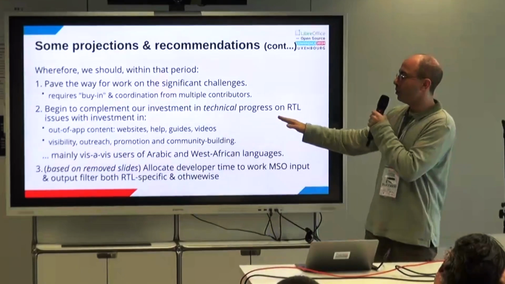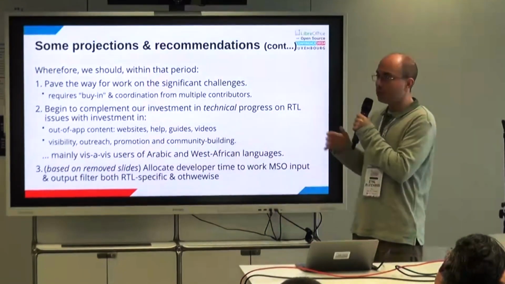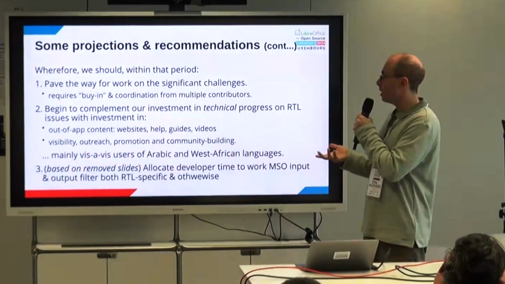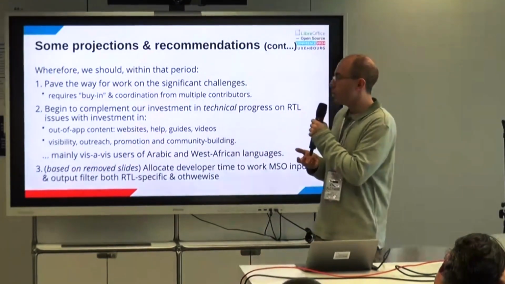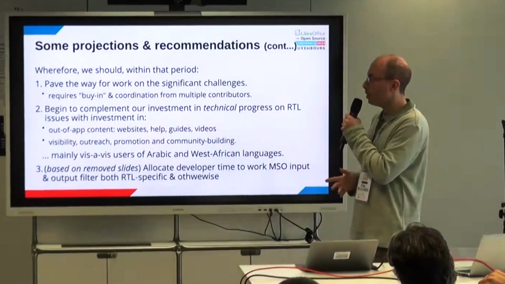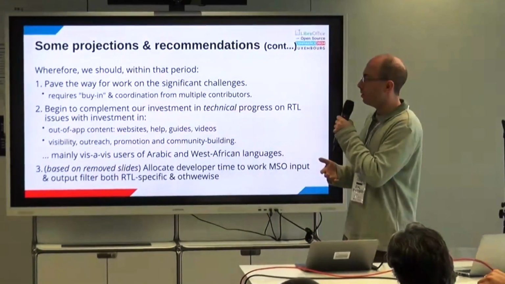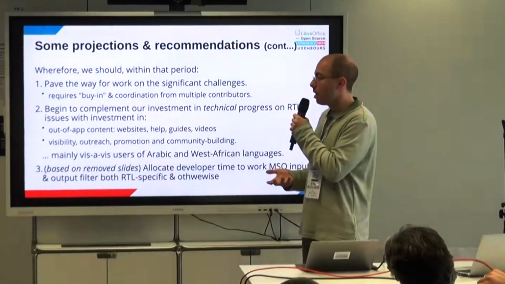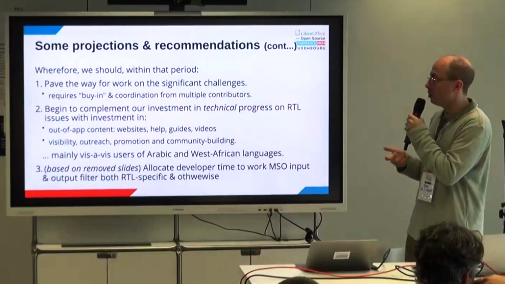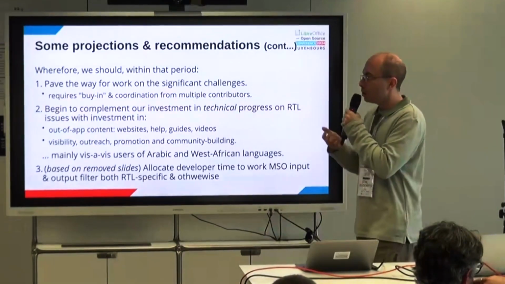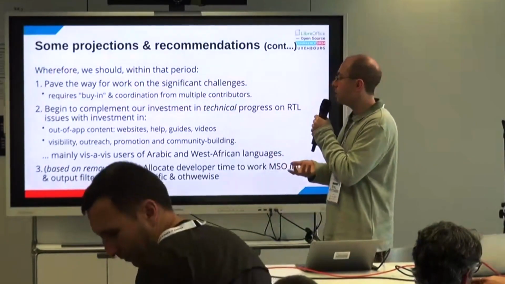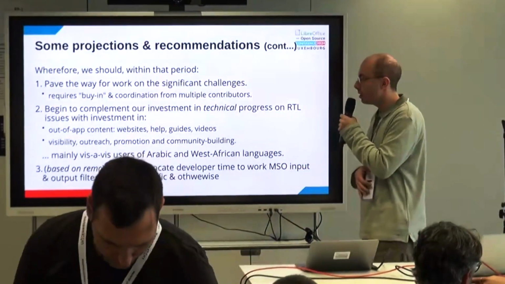I think we should complement the investment that we've committed to in the technical aspect on right-to-left issues with some investment of effort in the coming years on content that's outside the application and also in, let's call it, social activities or diplomatic activities, increasing visibility, outreach, promotional activity, community building.